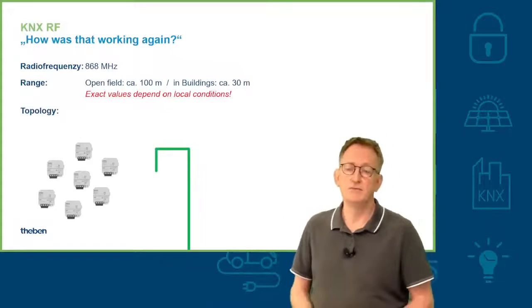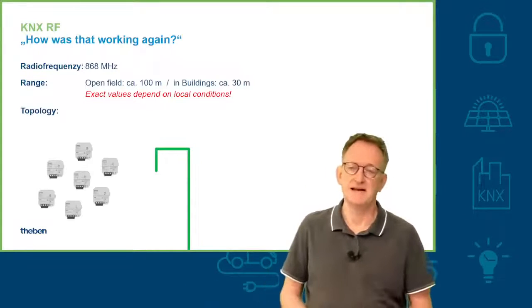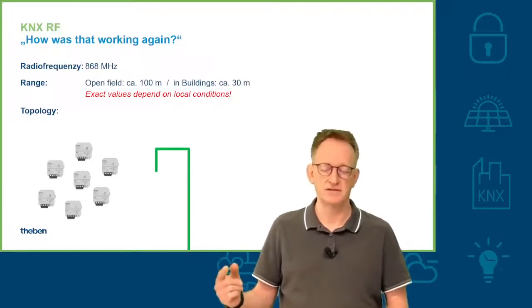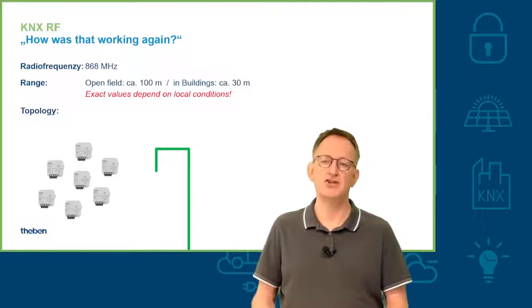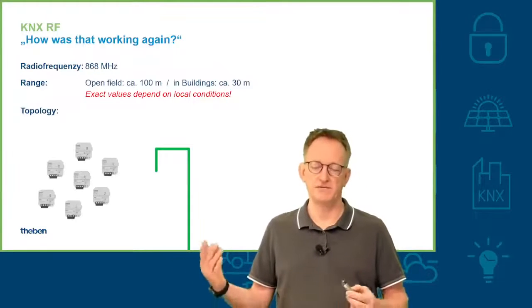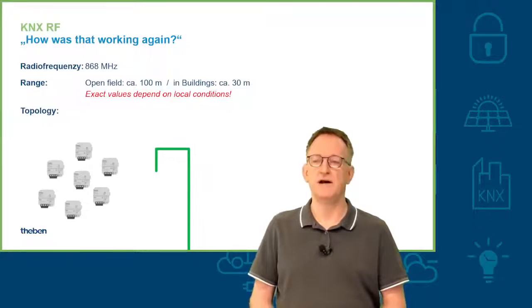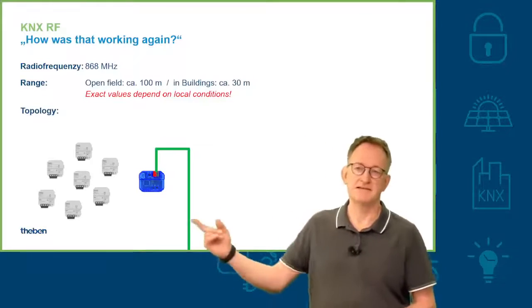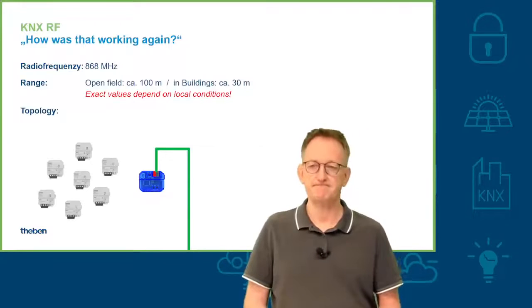If you would like to set up and control them from a TP line, you also need that green cable. And to convert the telegrams from the green cable from KNX TP to RF, you need the media coupler. That's our blue device here.